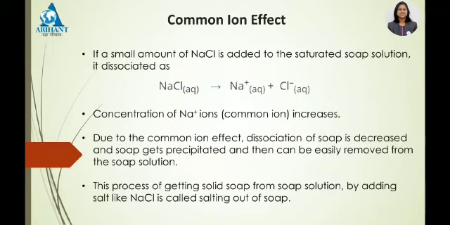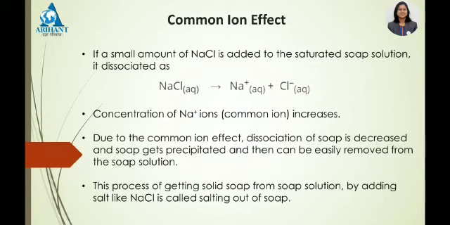Now if a small amount of NaCl is added to the saturated soap solution, NaCl gets dissociated into Na+ and Cl- ions. Now the concentration of Na+ ions, that is a common ion, increases. Students, when you write both the reactions one below the other, you will understand there is a common ion.